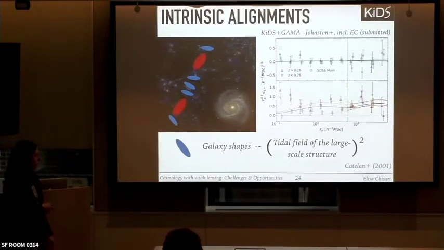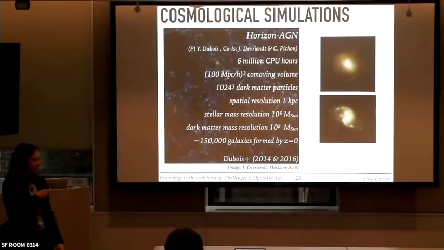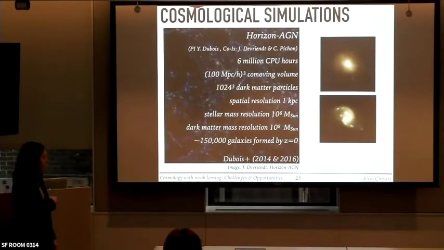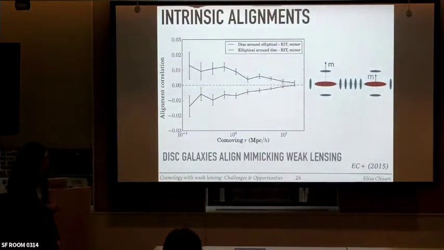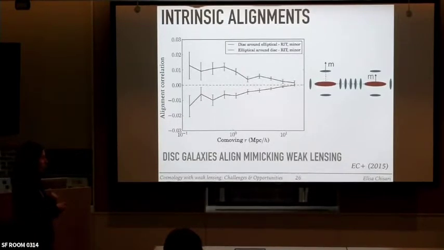But to answer that question of what the blue galaxies are doing, let's look at the simulation again. We formed realistic galaxies in the simulation, so why not look at how they align in the simulation and make projections for future surveys? This is what I did a few years ago. By splitting the galaxies into disks and ellipticals in the simulation, I looked at whether they aligned, and indeed I found that the red galaxies point towards each other, and the blue galaxies are aligned, pointing tangentially around the centers of density, around the red galaxies.